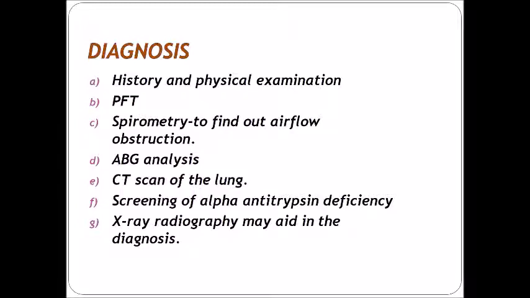Then if you suspect a genetic cause, then screening for alpha 1 antitrypsin deficiency, X-ray, radiography. So these all are the tools to diagnose chronic obstructive pulmonary disease.